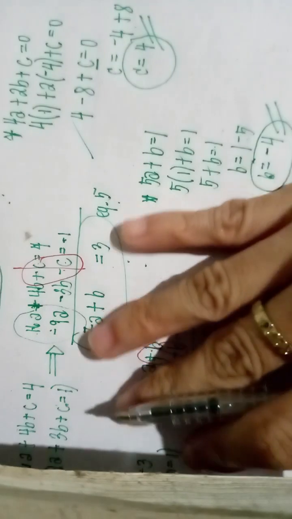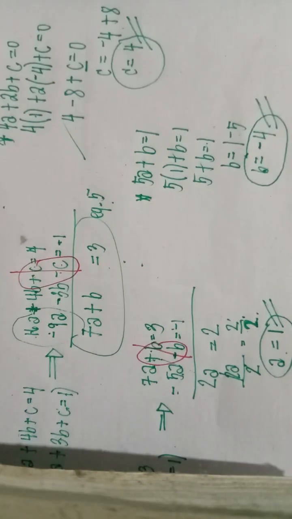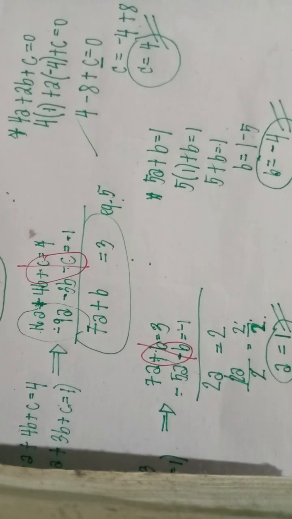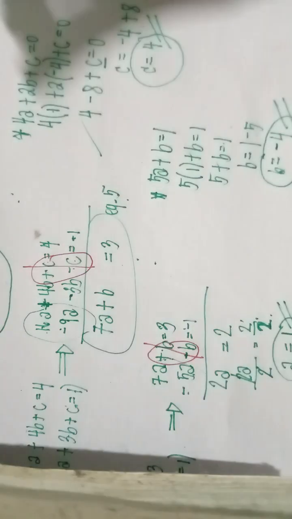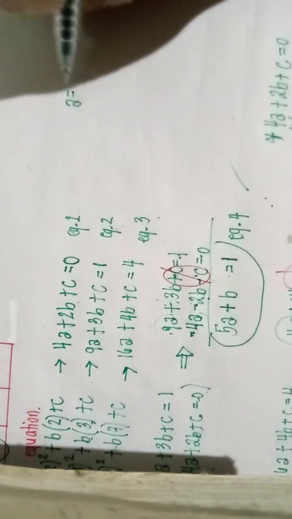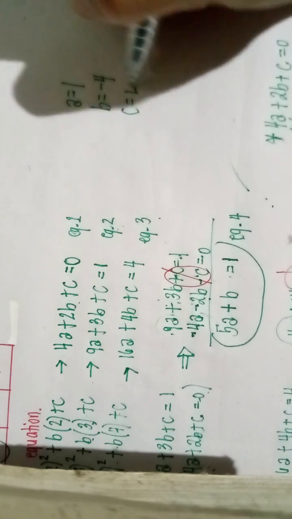So, since you have found the values of the three variables, you can now create a quadratic equation. Let me rewrite the values of a, b, and c: a is 1, b is negative 4, and c is positive 4.